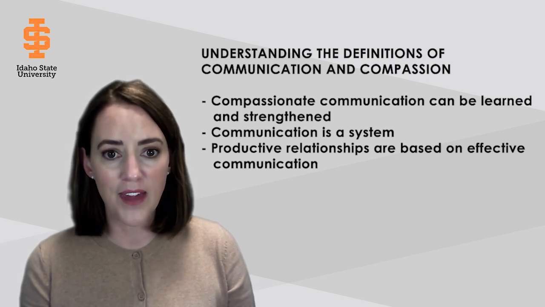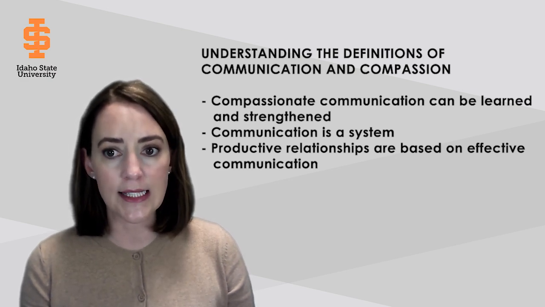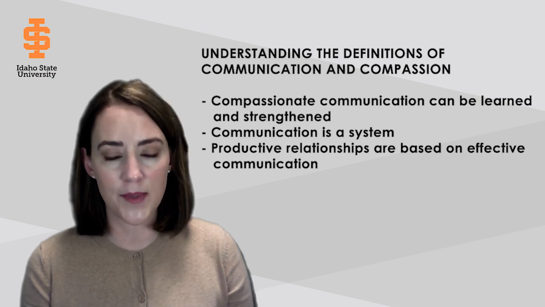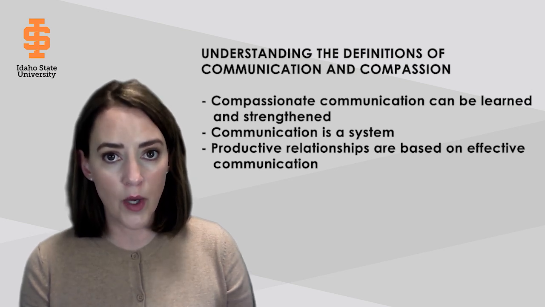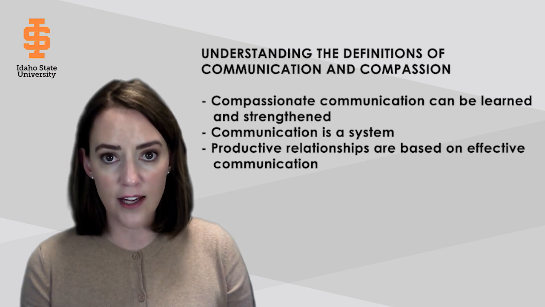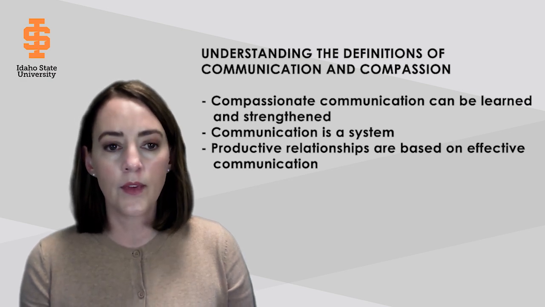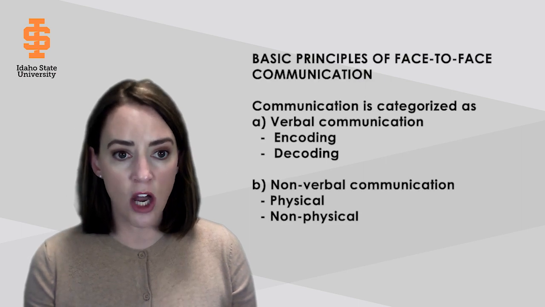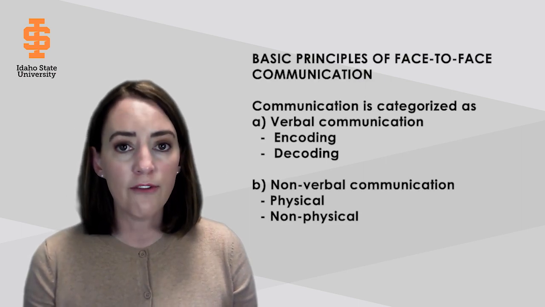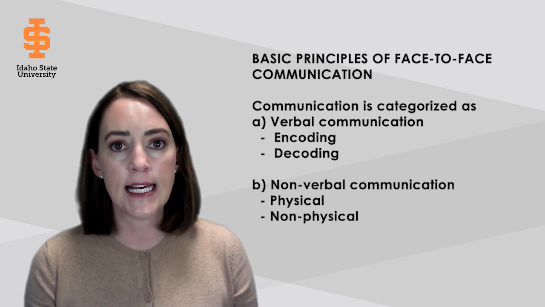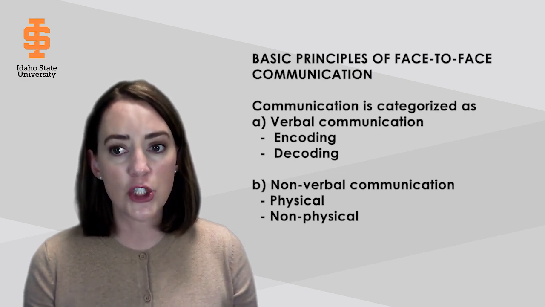Communication is a system, and effective communication is the key to productive relationships. This holds true in both our personal and professional lives. Communication can be described as verbal or nonverbal. Verbal language is defined as a series of expressive thoughts and perceptions described through words, symbols.